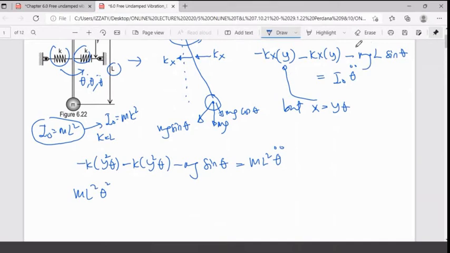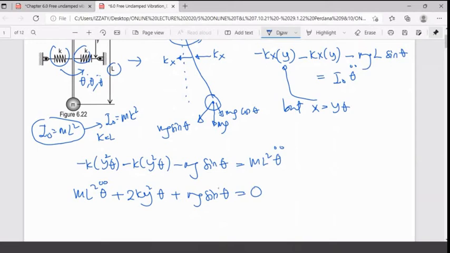It's not theta square, it's theta double dot. This one, of course, you have plus by 2ky square theta, isn't it? Simple mathematics there. Plus by mg sine theta equal to 0.